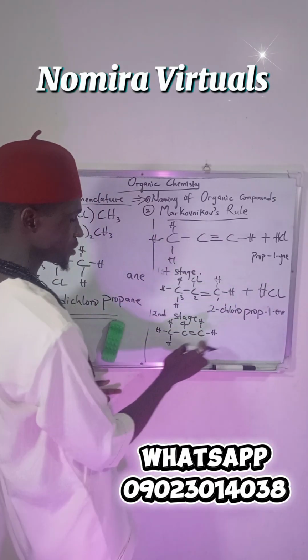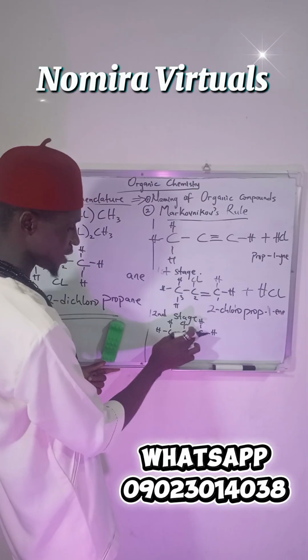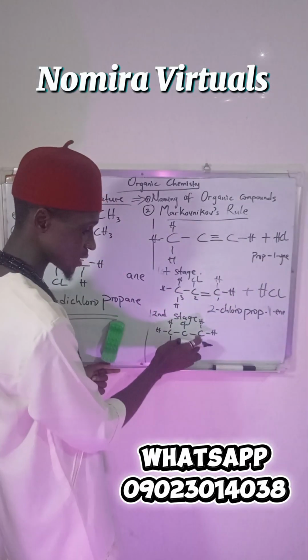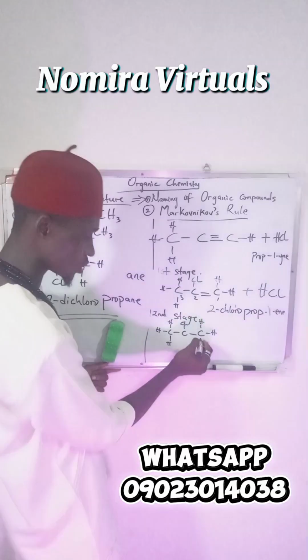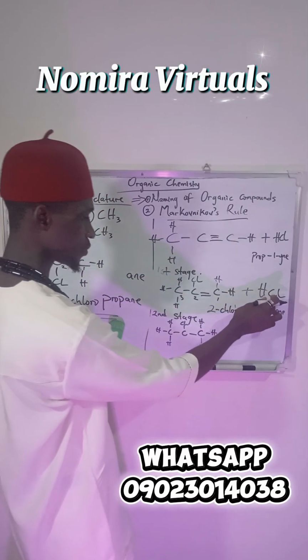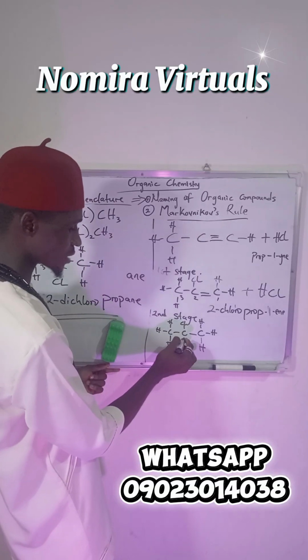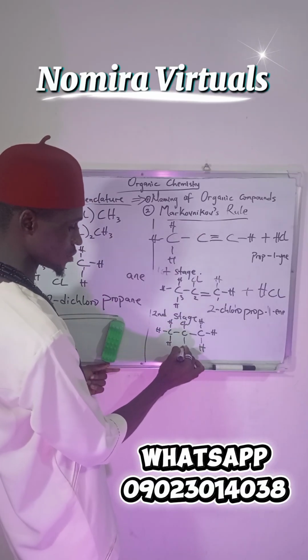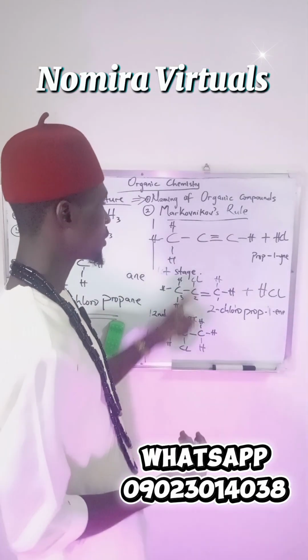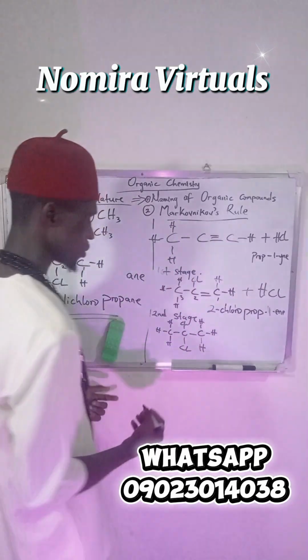When this hydrogen chloride breaks this remaining pi bond, it will give the hydrogen to the particular carbon that has more hydrogen, which is this particular carbon, right? Then the chlorine atom will be given to the one that has less hydrogen, which is this. This is what forms, obeying the Markovnikov rule.